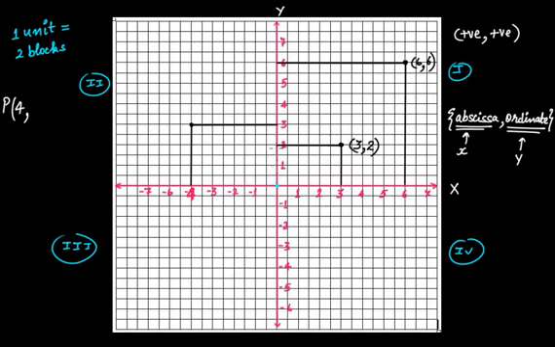So 0 to 1, 1, 1 to 2, 2, and 2 to 3, 3 units. So 4, comma 3 is the coordinate of this point P. That's the position of this point P in this coordinate plane: 4, comma 3. That is the abscissa and the ordinate, right? Okay. Sorry, this is -4, comma 3.